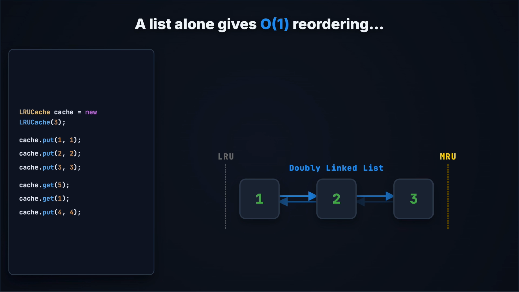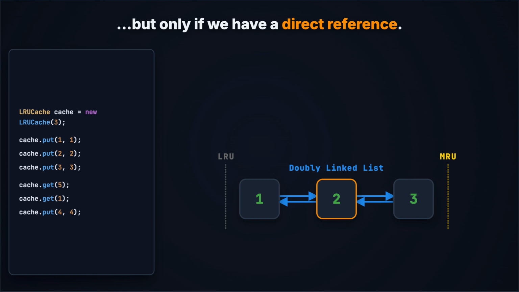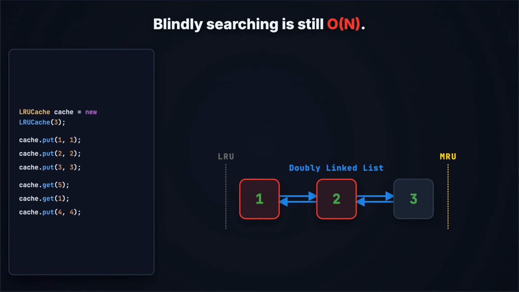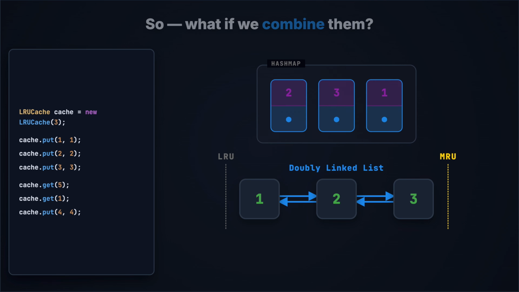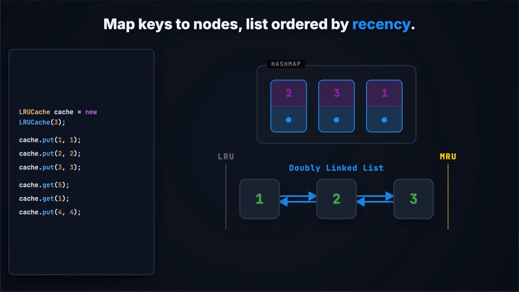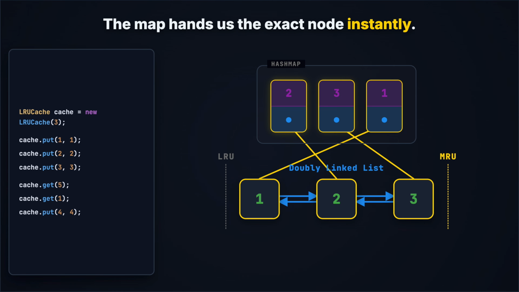A linked list alone gives us O(1) reordering, but only if we already have a direct reference to the node. Blindly searching for one is still O(n). So what if we combine them? A hash map from key to a node object, where that same node lives inside a doubly linked list ordered by recency. The map hands us the exact node instantly.